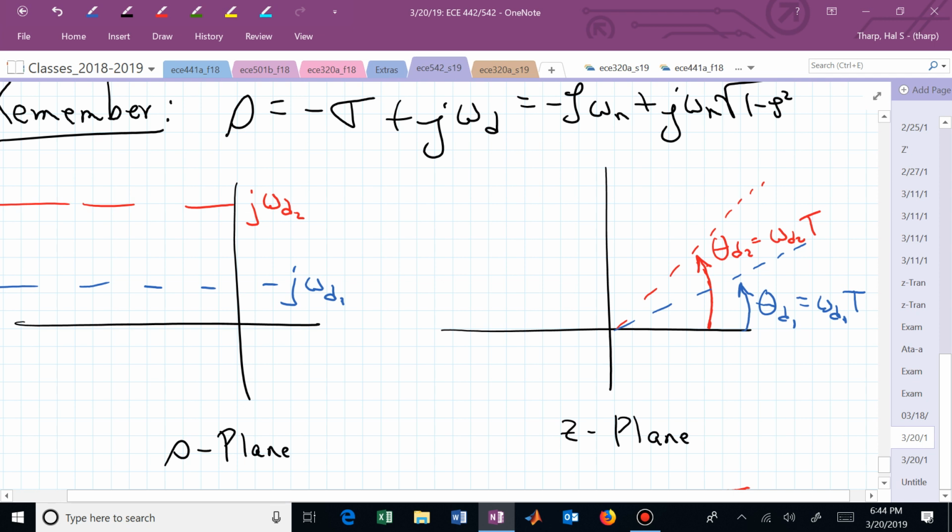Which of these curves, blue or red, gives us a faster or smaller peak time? Faster and smaller are the same. That's the red. So now if we want a faster peak time, we want a bigger wedge in the z-plane. The wedge is bigger to get a faster peak time.